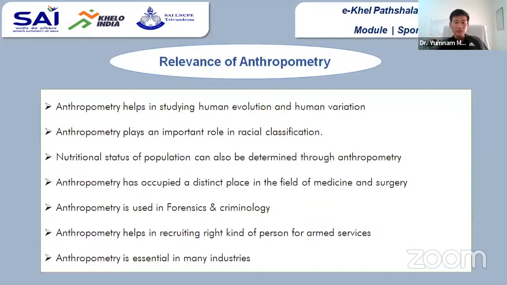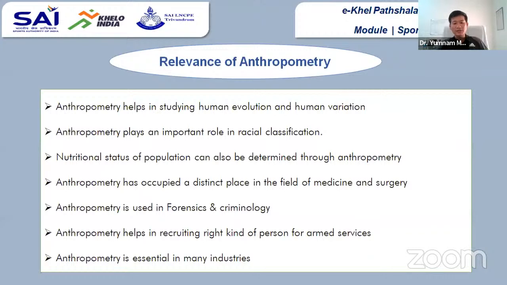Let's see some of the relevance of anthropometry. Anthropometry helps in studying human evolution and human variation, as has been discussed earlier. Anthropometry plays an important role in racial classification. Nutritional status of a population can also be determined through anthropometry.